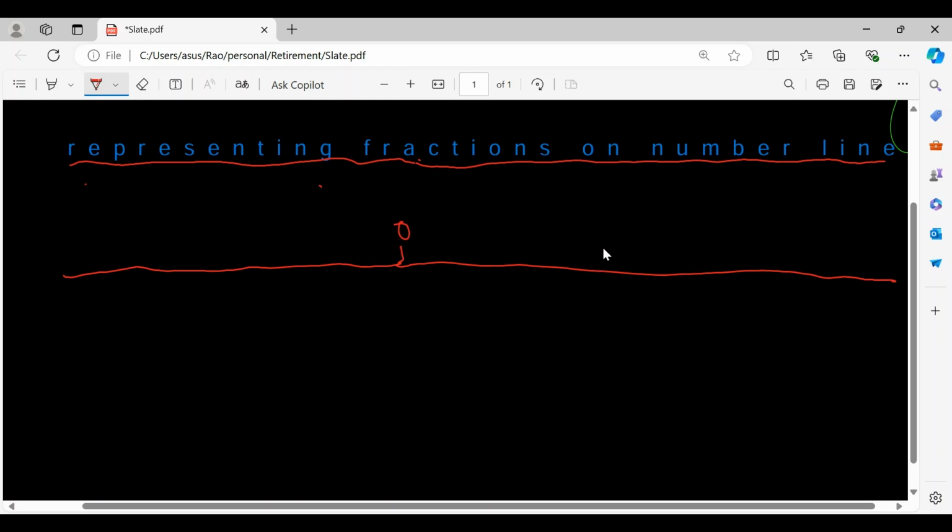On the right-hand side from the 0 there are positive numbers, meaning there are 1 and 2.